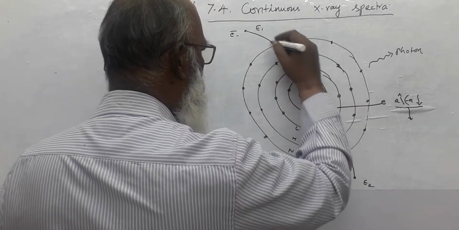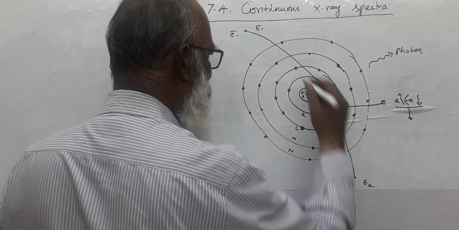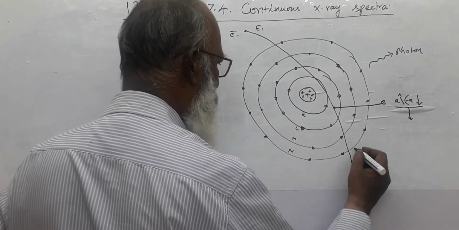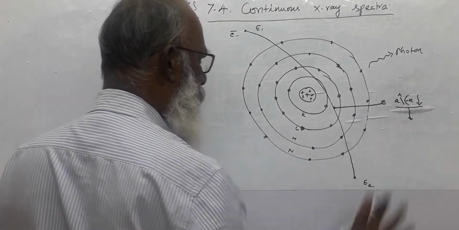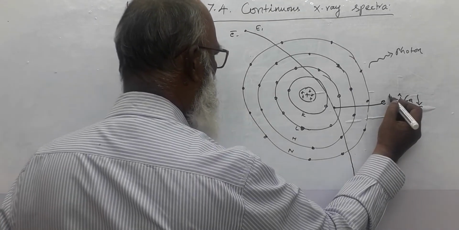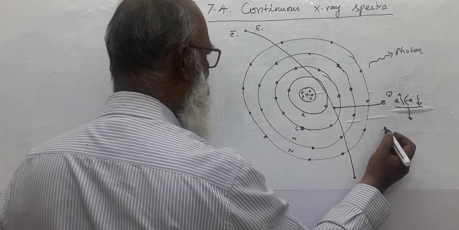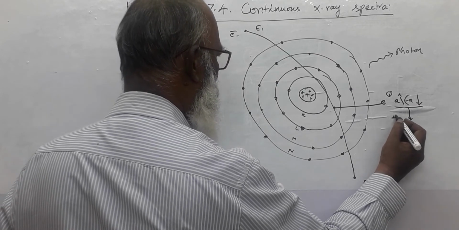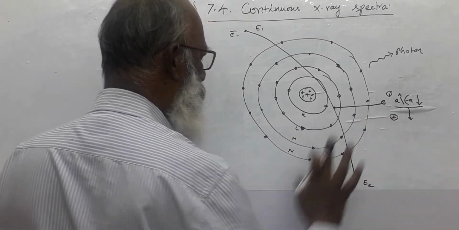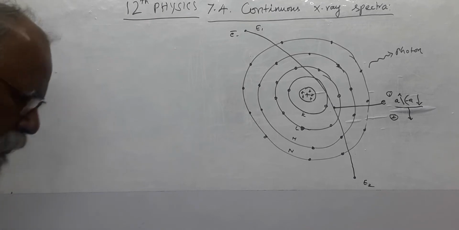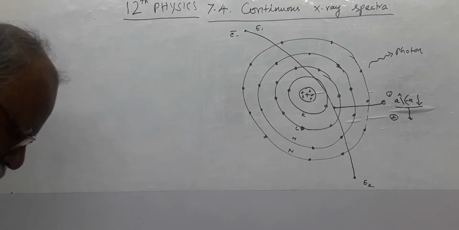It will not travel in a straight line. It may be deviated. The first point: acceleration may increase or decrease. The second point: the path of the electron is affected. Two things are very important.